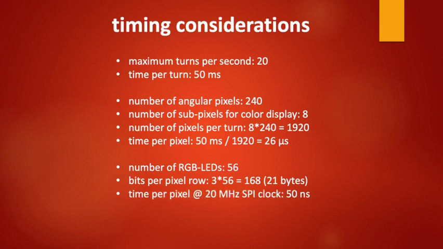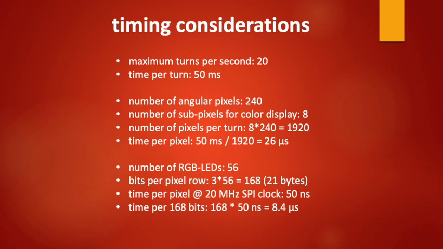The LED driver chips can be supplied at their SPI interface with a maximum clock frequency of 20 MHz. This corresponds to a time of 50 nanoseconds per bit. The data of an LED line can therefore be transmitted in 8.4 microseconds. We have to compare this value with the display time of 26 microseconds per pixel.